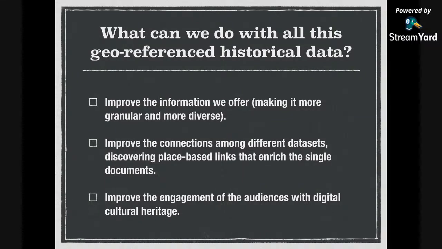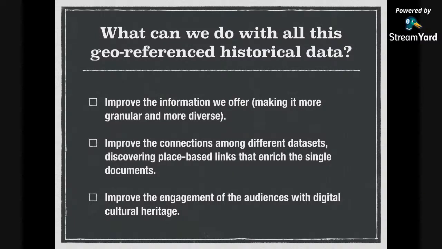And with improve, I mean making it more granular, more precise. So we have more detailed information. We have just more information, which is always good. But we improve it in the sense also that we make it more diverse. We start including more voices, more place names, more memories, more different ways of looking at the same place.